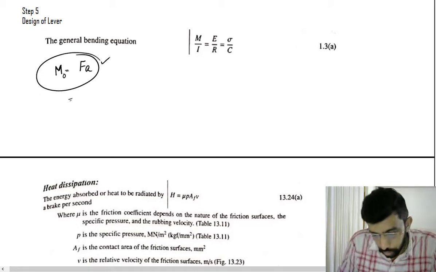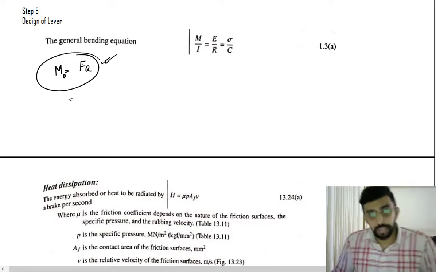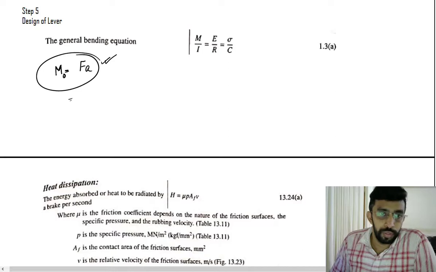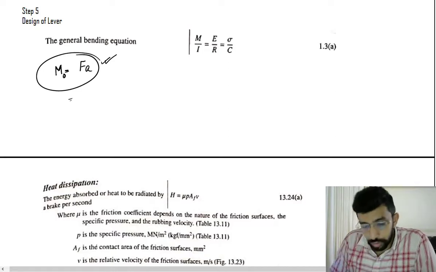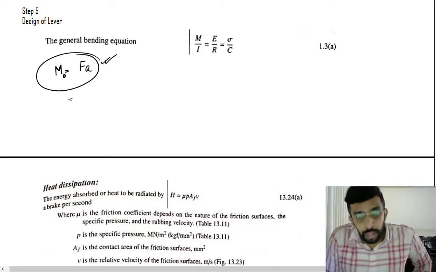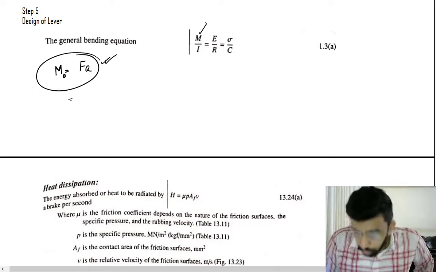If you solve this equation using moment about O, this is sufficient enough. F into A. In the previous question we solved it as F into A plus B. That is also okay. No problem. So use this value for M.